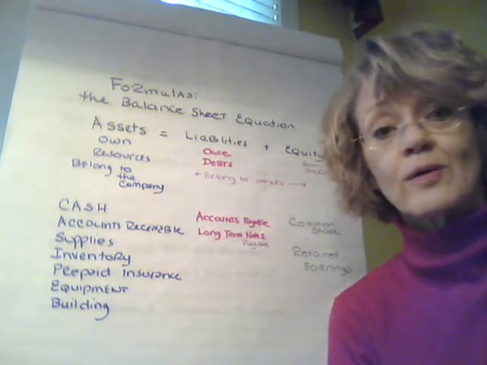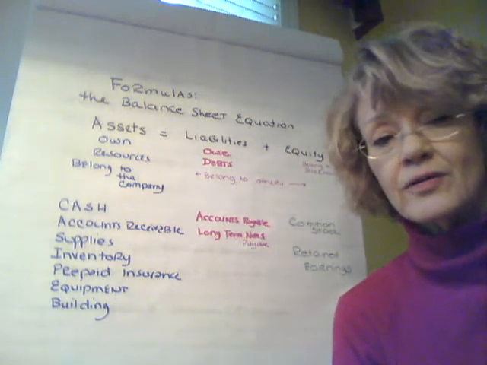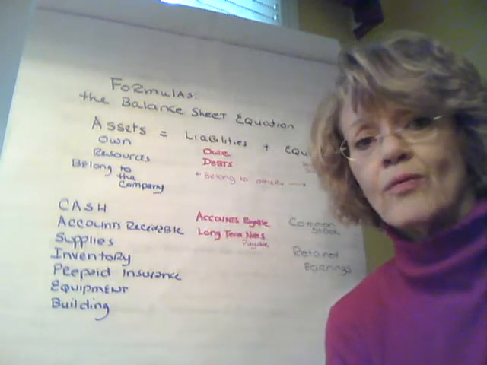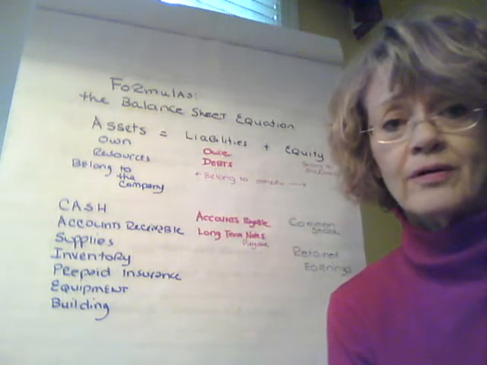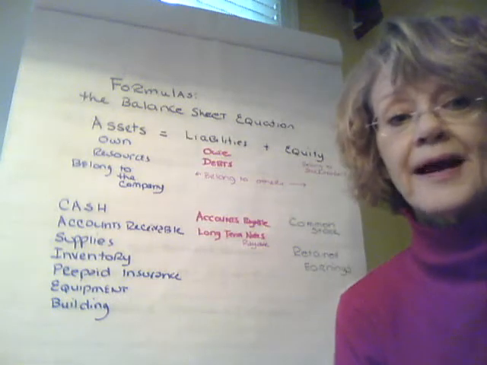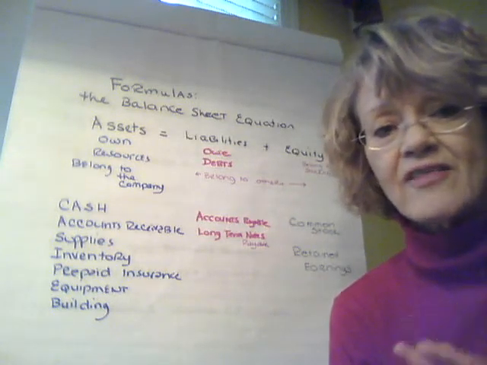So one big one that comes up all the time is accounts payable. Now, you just heard me say accounts receivable. So accounts payable would be what? Well, how would that differ from accounts receivable? Okay, you're right. Payable means I'm going to pay it out. So I've gotten the expense.